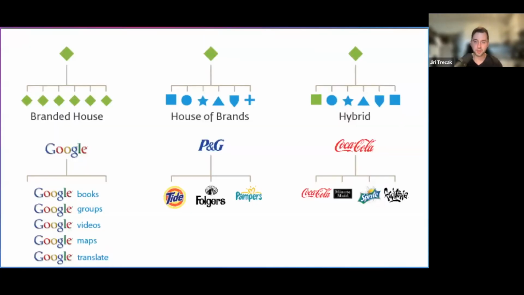So I wanted to show you a few main approaches to how multi-brand is done. There are many ways how people structure design systems, and also many ways how people think about this. But I think one of the closest to how I think about design systems is what you are seeing here on the screen. On the left side, you have something that apparently is called brand house, which is where you have a very strong core brand, and the sub brands are actually not deviating that much, right?